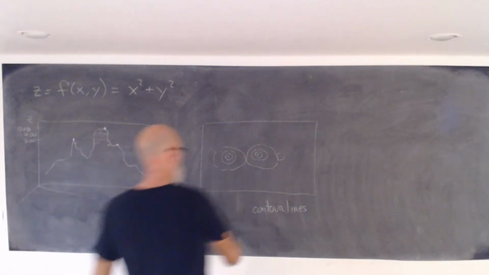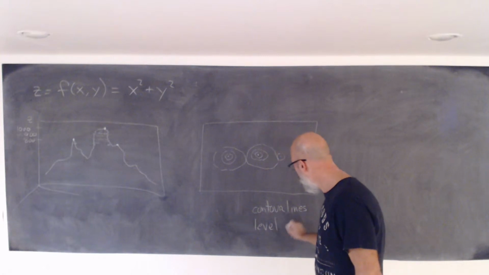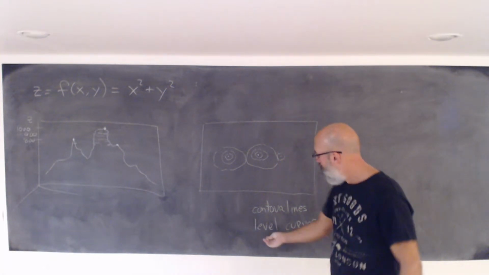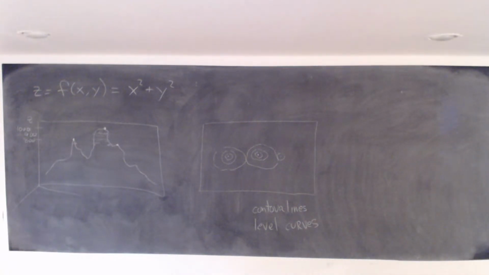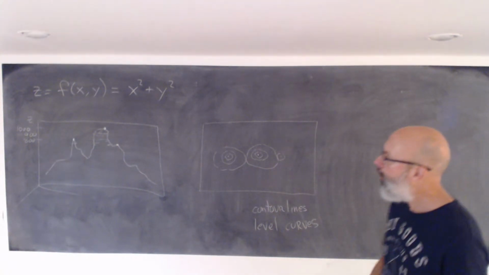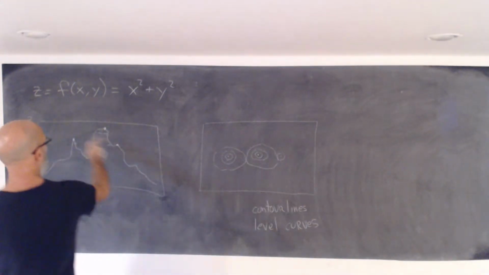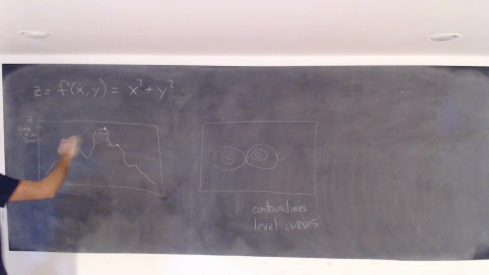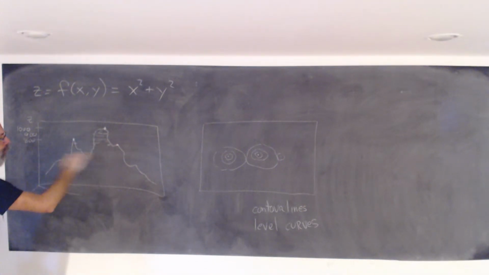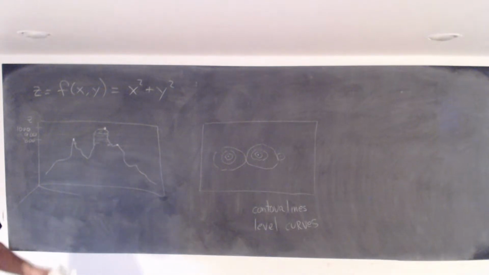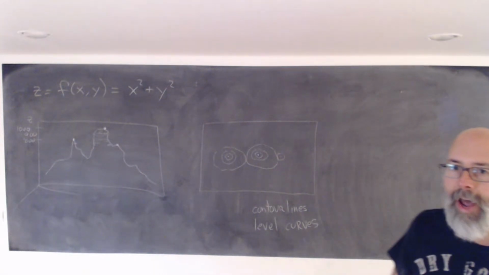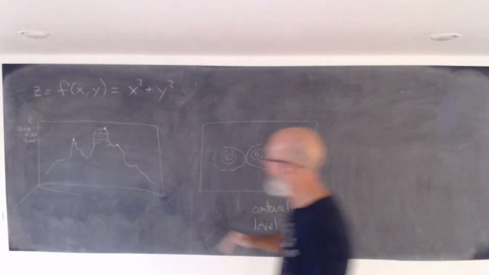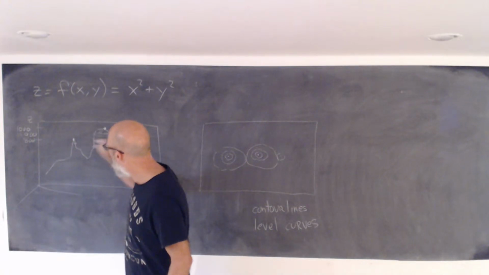So contour lines, also known as level curves, are curves at different levels of z. Now, imagine that you had your mountain and you cut it at different levels. Imagine these as building blocks, very much like a Riemann sum. Imagine putting your mountain back together with these building blocks.